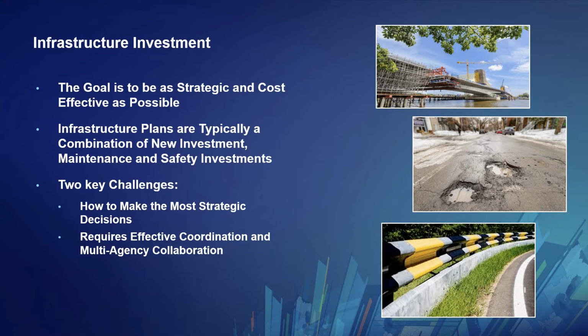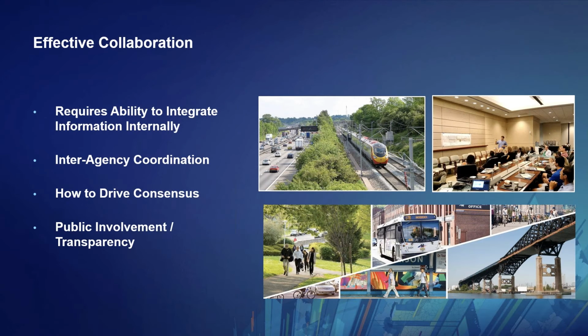And secondly, what that really involves is effective coordination and multi-agency collaboration. So we have many entities, the Federal Highway Administration, the state DOT, the MPOs, local jurisdictions, among others, that all need to be able to share and collaborate together to develop effective plans.